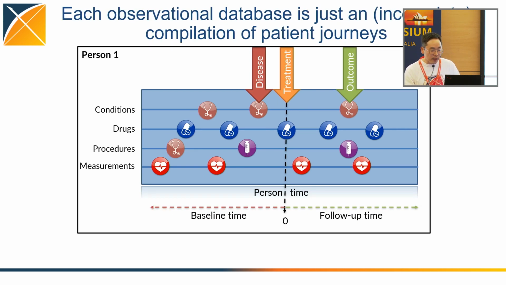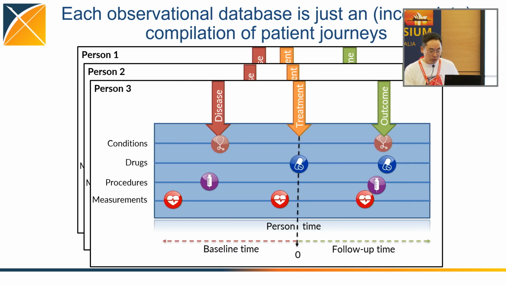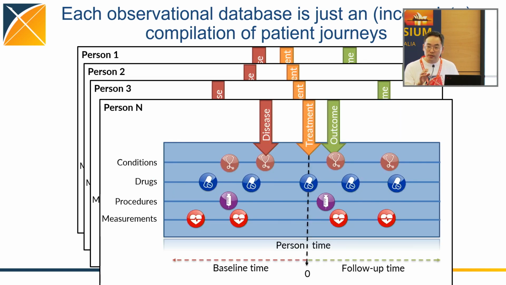Actually, each observational database is just a compilation of patient journeys: patient 1, 2, 3, and 4. Our database is just a stack of these patient journeys, and our task today is to define how we can identify the right patients during the right time.